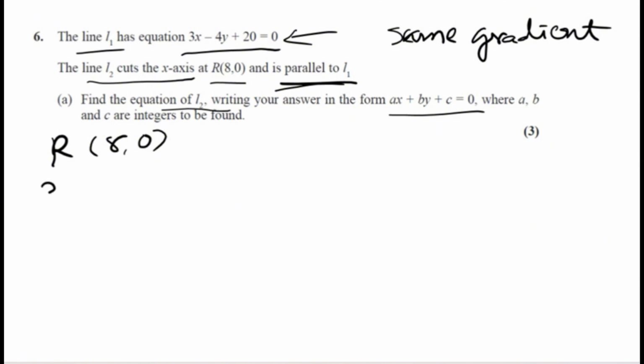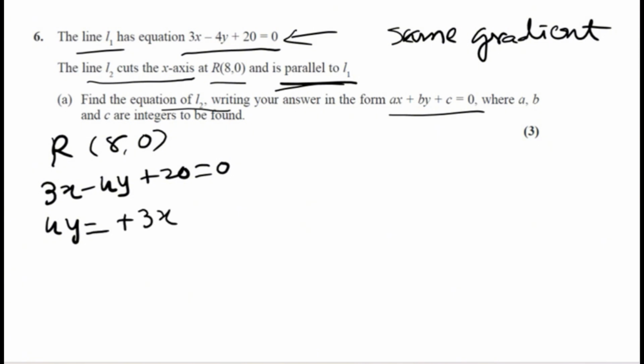Now to find the gradient for this line, I have to rearrange this equation into y = mx + c form. So 4y is equal to 3x plus 20, because I am moving 3x to this side. So y is equal to 3 over 4 x plus 20 over 4.